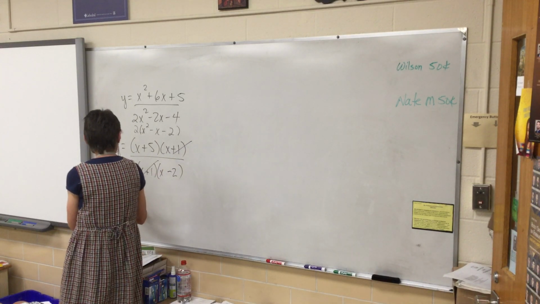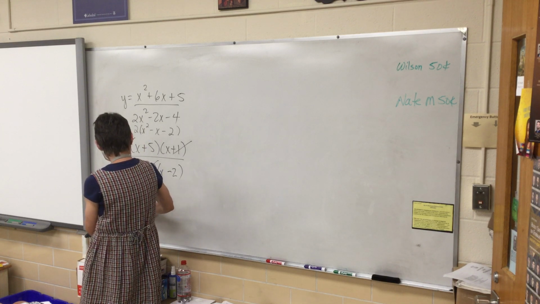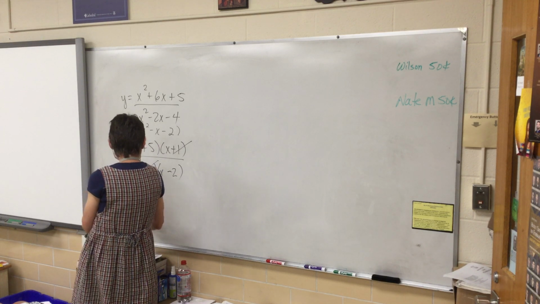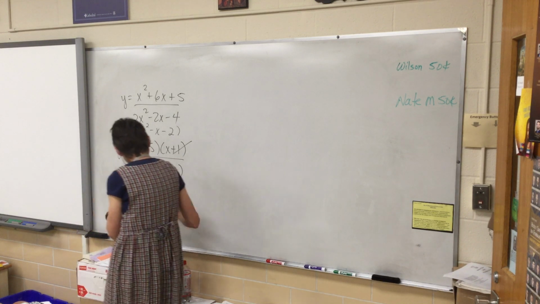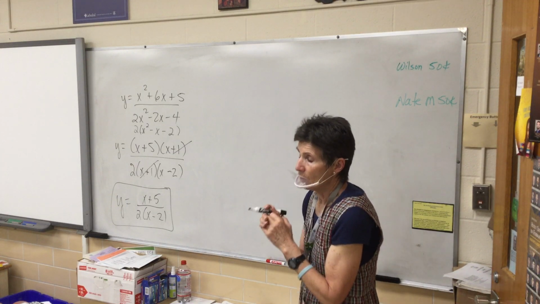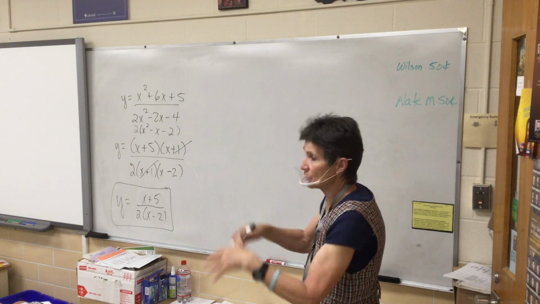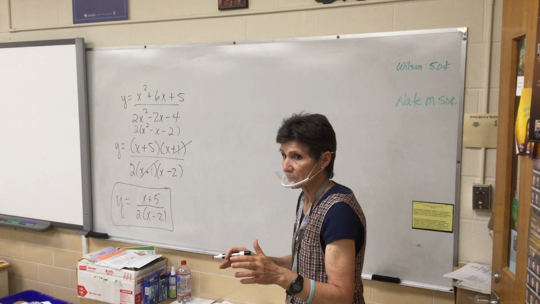I'm going to go ahead and rewrite my problem. Rewrite my problem, what's left, and this is now going to be the problem that I graph. So I factored everything, canceled out what cancels, and then what's left, that's what I'm going to graph.